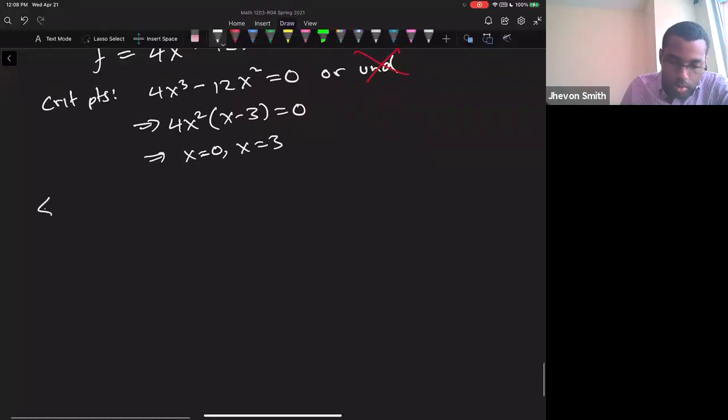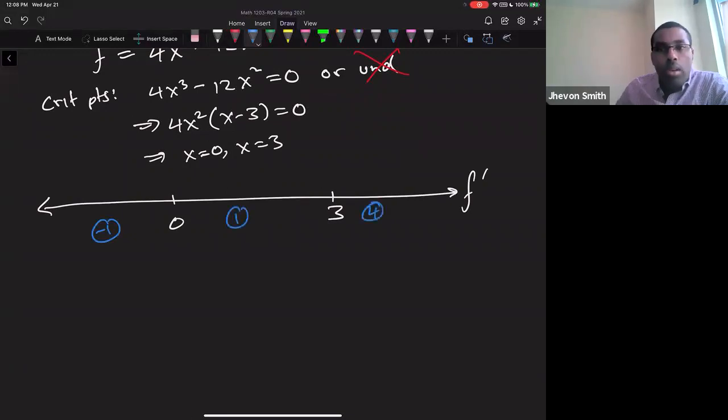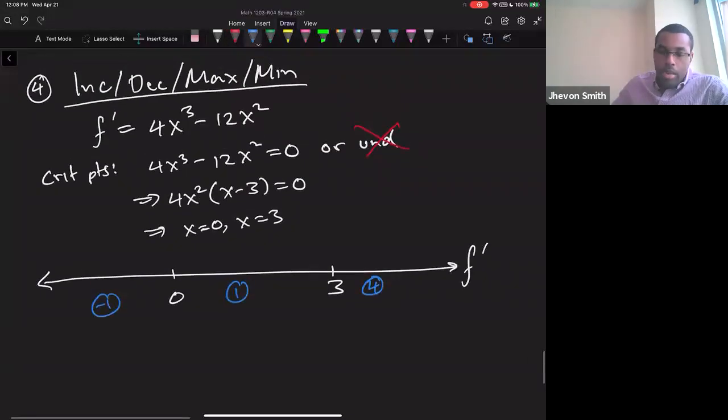Now what you're going to do is plot those on the first derivative. Let's put 0 here, 3 here. Going to pick random numbers in between, and I'm going to plug them into the first derivative.